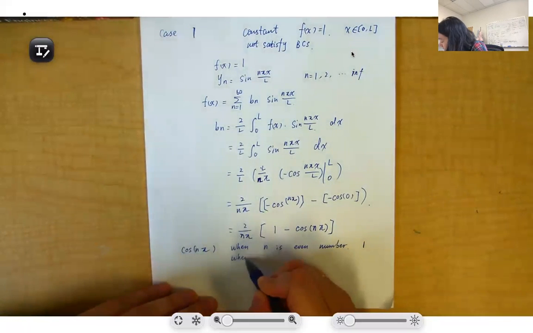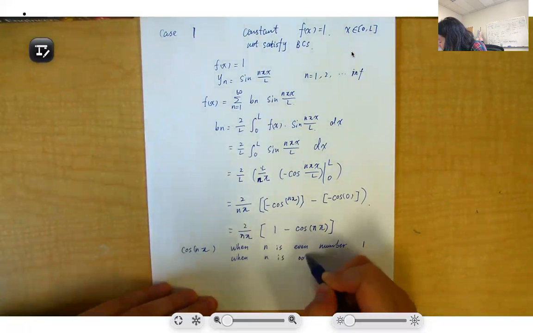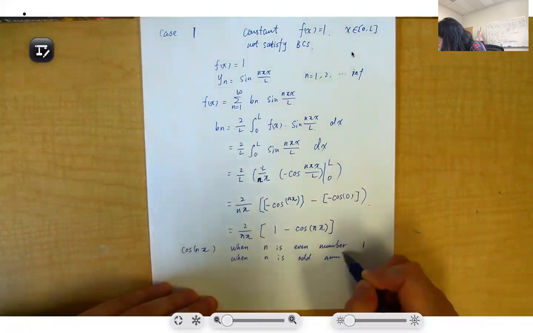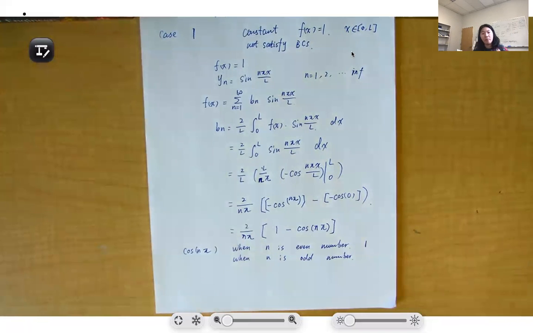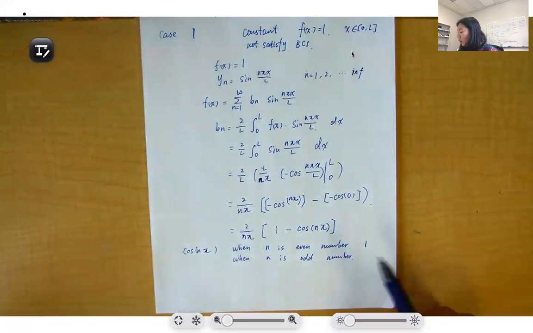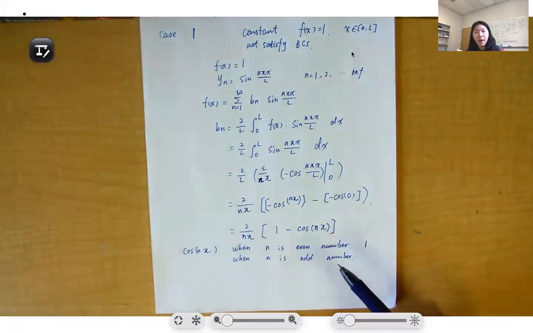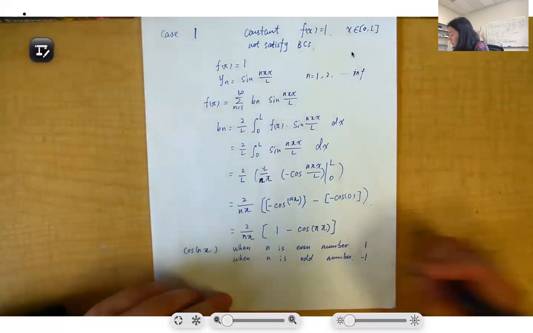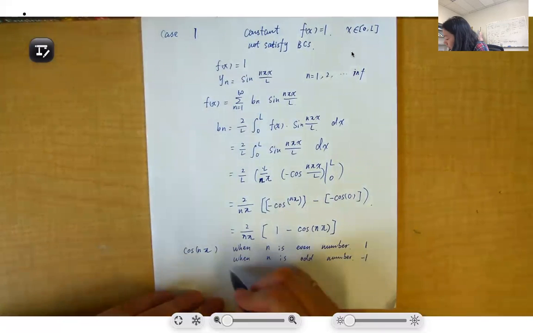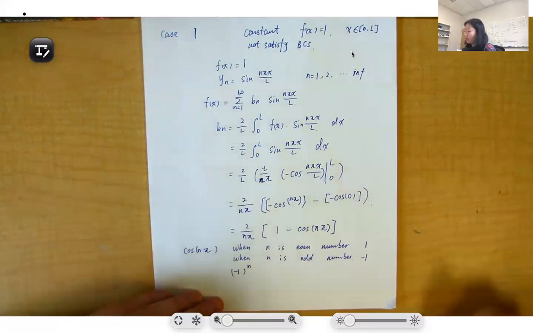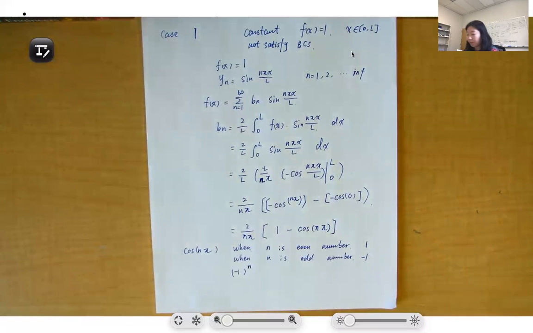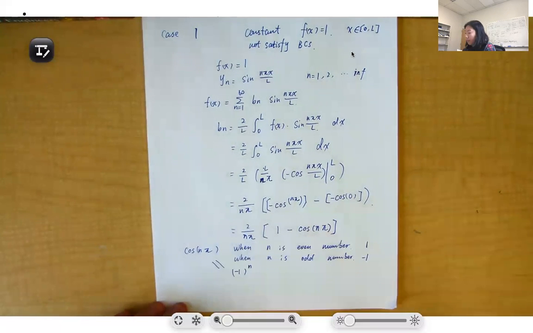When n is an odd number, for example 1, 3, 5, 7, it will be cosine pi, 3 pi, 5 pi, 7 pi, which will be minus 1. So this cosine n pi will be equal to minus 1 to the n. Okay, minus 1 to the n will be equal to cosine n pi.